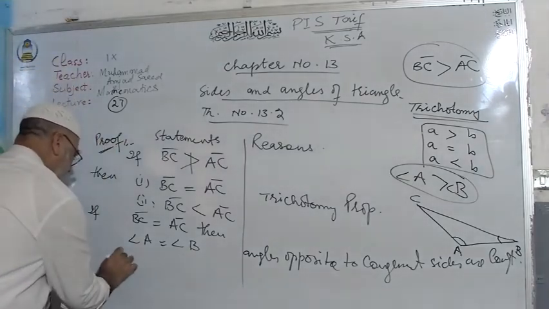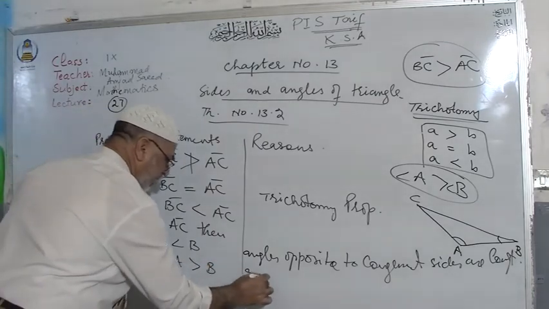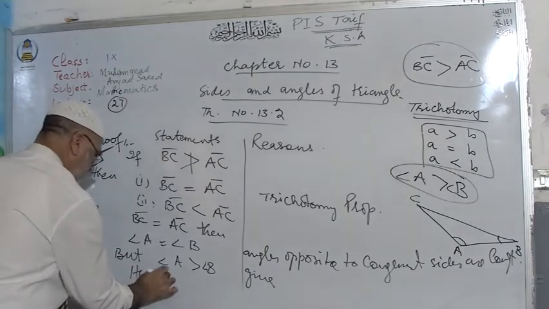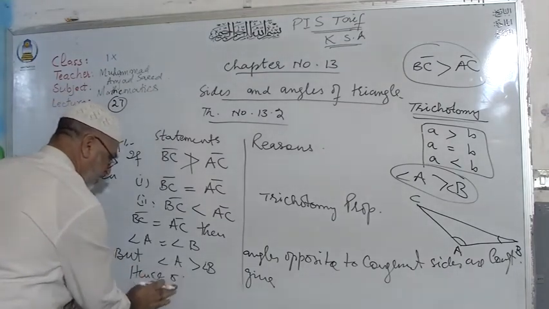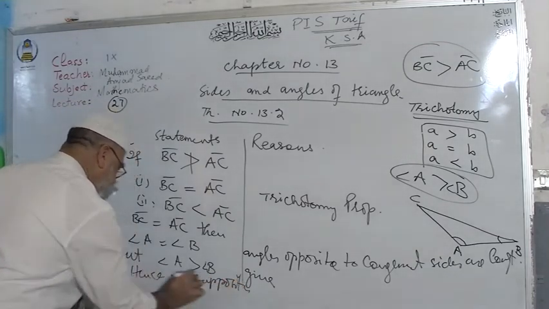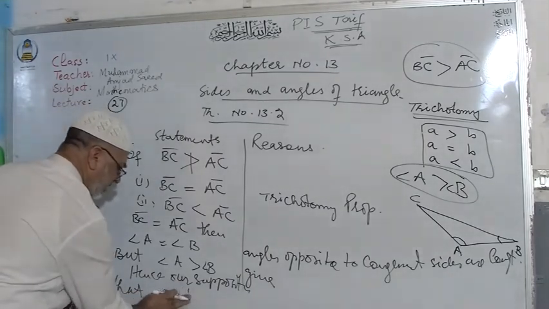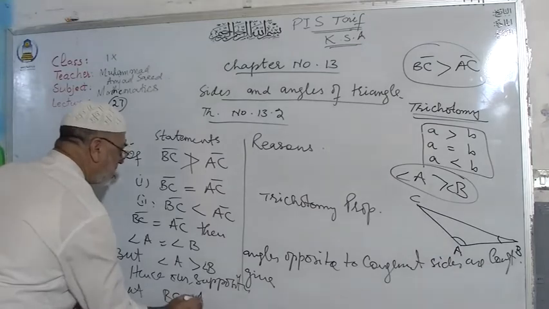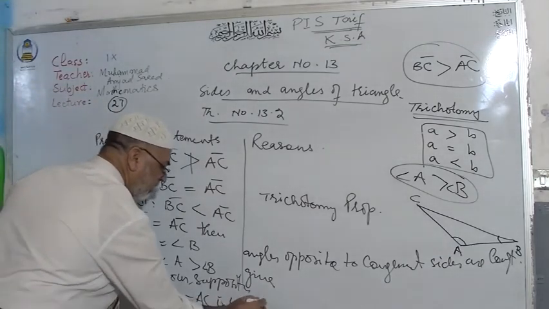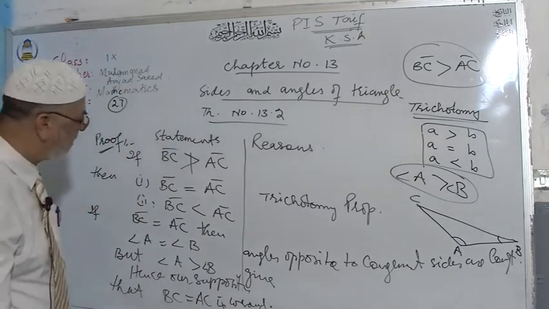But angle A is greater than angle B, given, hence our supposition that BC is equal to AC is wrong. So one possibility is finished.